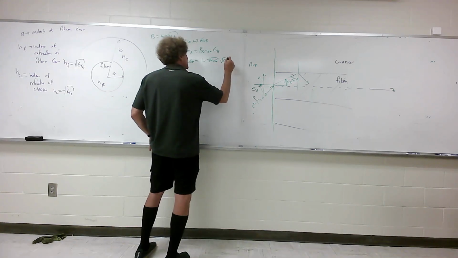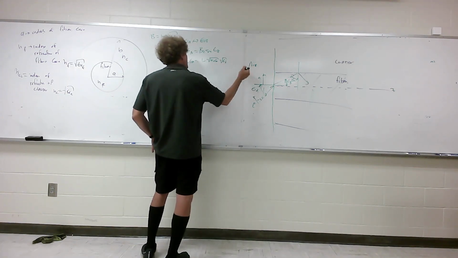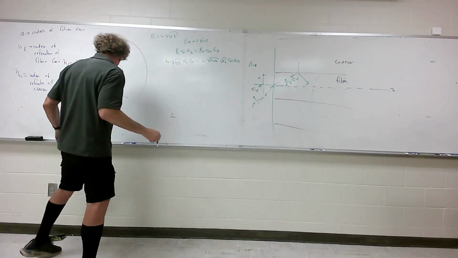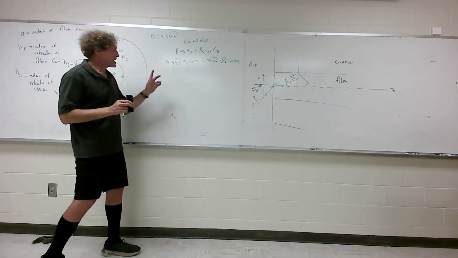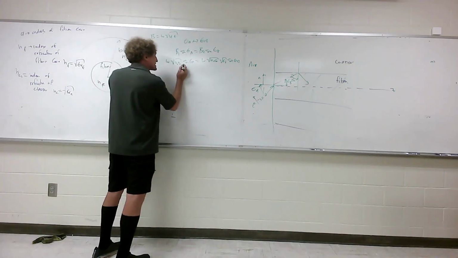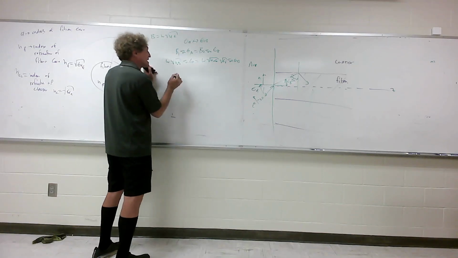It'd be the relative epsilon, times mu of the fiber will be 1, times the sine of theta B. The only reason I did that is to show you the omega and the square root of mu naught epsilon naught go out.